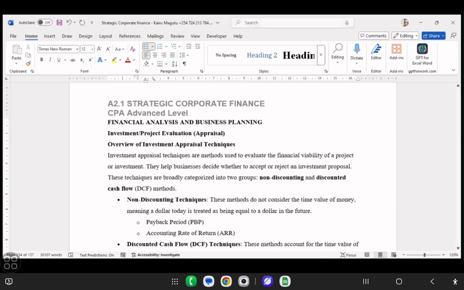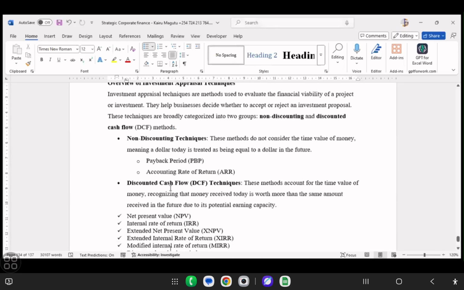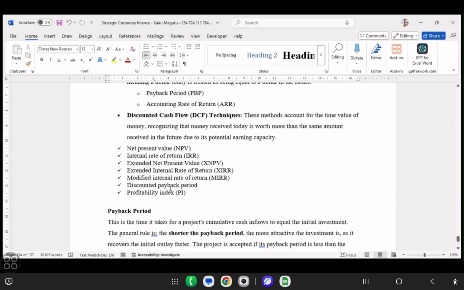Having said that, I want us to go back to our screen. Discounted cash flow methods account for the time value of money, recognizing that the same amount of money received today is worth more than money received in the future due to its potential earning capacity.